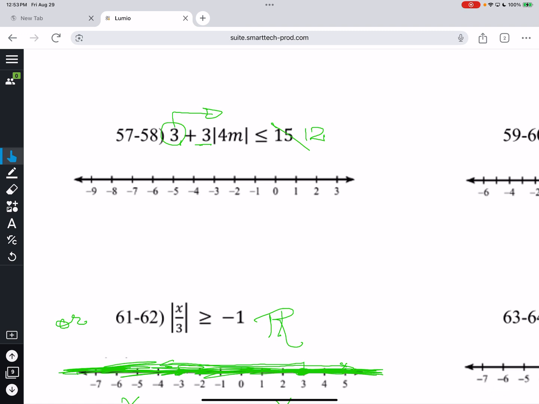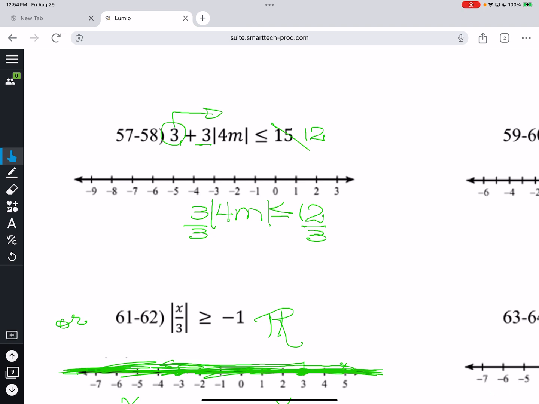So when we move the 3 over, we're left with 3 absolute value bar for m is less than 12. Would you divide by 12? Nope. We've got to isolate the absolute value bars. Divide by 3. Why wouldn't it be negative?